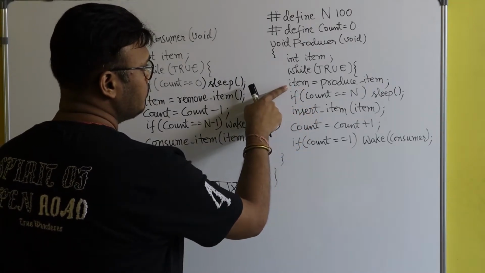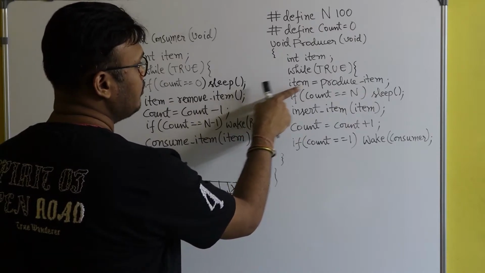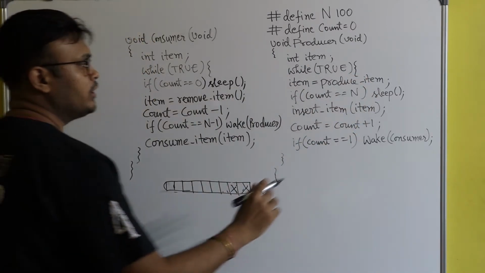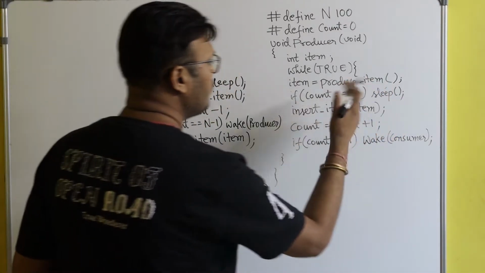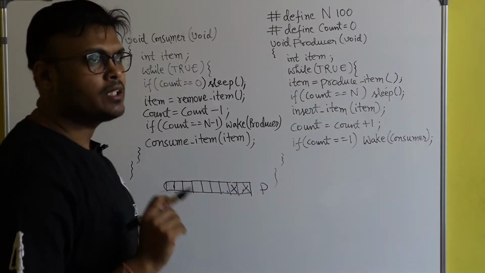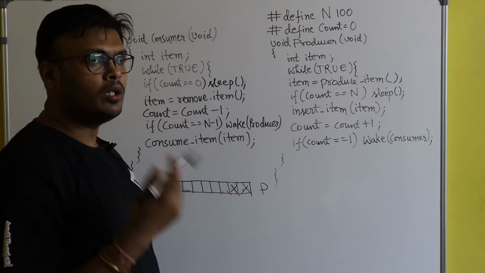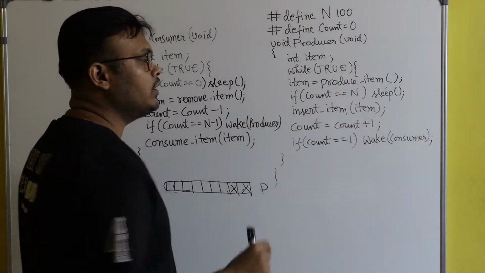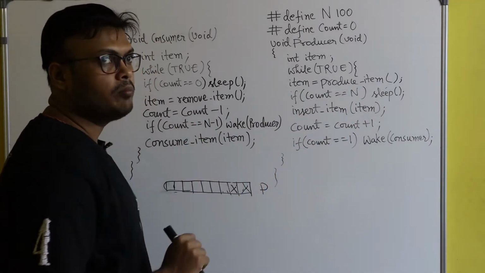Here you see int item equals produce_item. Produce_item is a function, and it is irrelevant to discuss this function in detail. For the time being, just understand that produce_item is a function called by the producer. After calling this function, one item gets produced, and that item is kept inside the buffer.